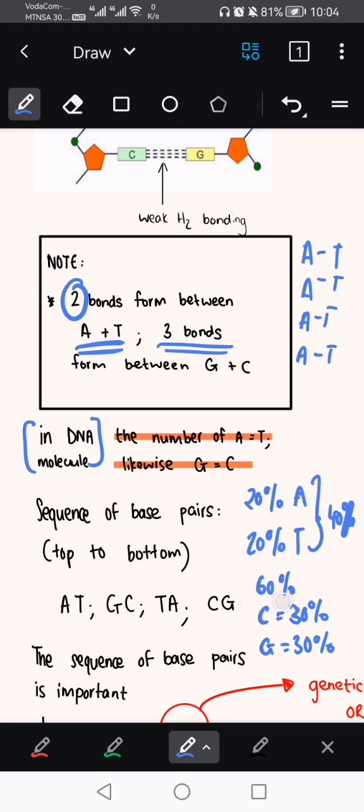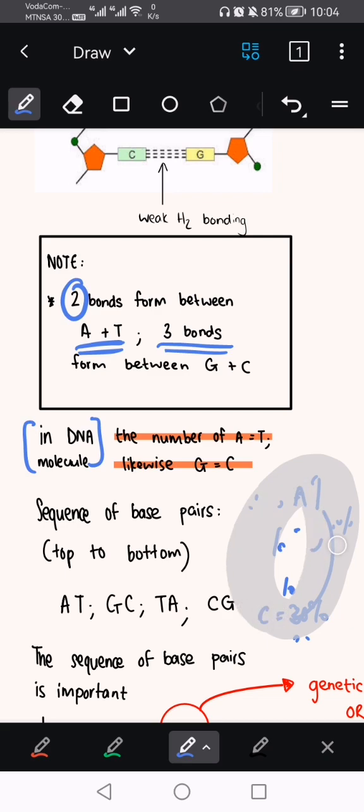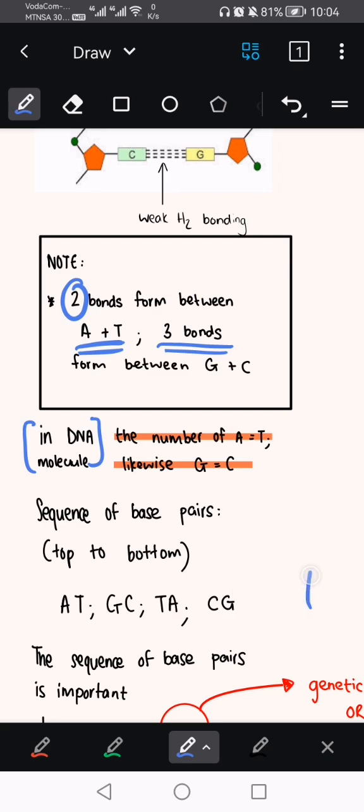Therefore, if you divide the 60% by 2, cytosine is going to have 30% and guanine is also going to have 30%. I hope you follow that, dear Grade 12s.